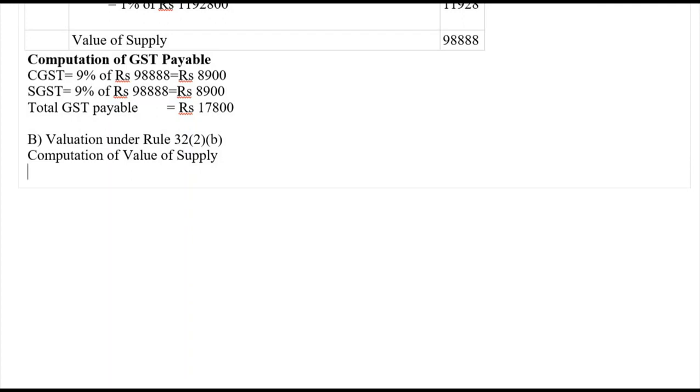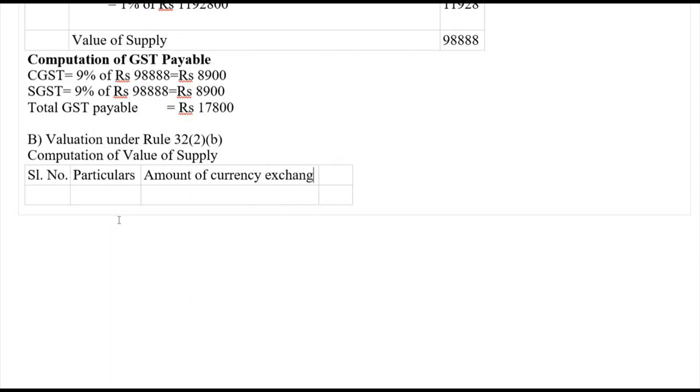We need 4 columns here: serial number, particulars, amount of currency exchanged, then rupees. So 1, sold 10,000 US dollars.